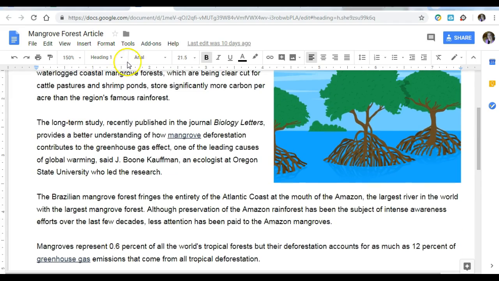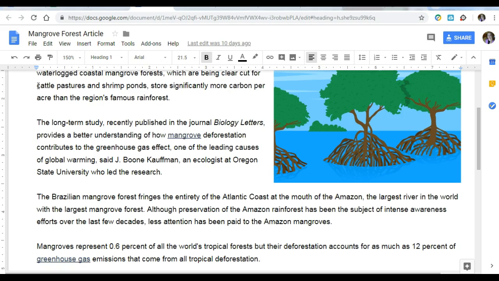Okay? The long-term study recently published in the journal Biology Letters provides a better understanding of how mangrove deforestation contributes to the greenhouse gas effect, one of the leading causes of global warming, said J. Boone Kauffman, an ecologist at Oregon State University who led the research.